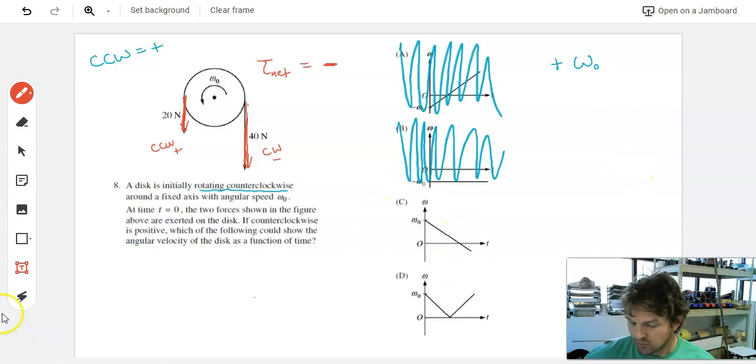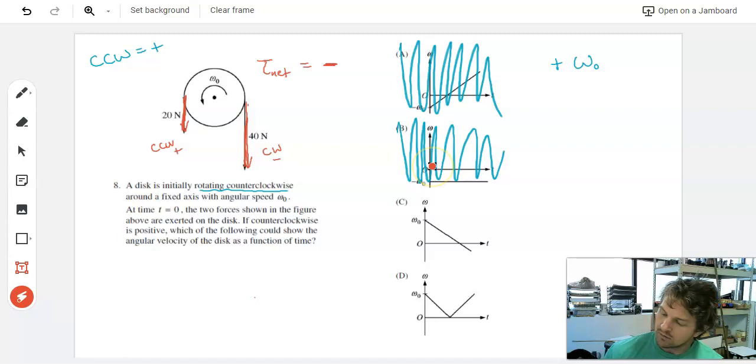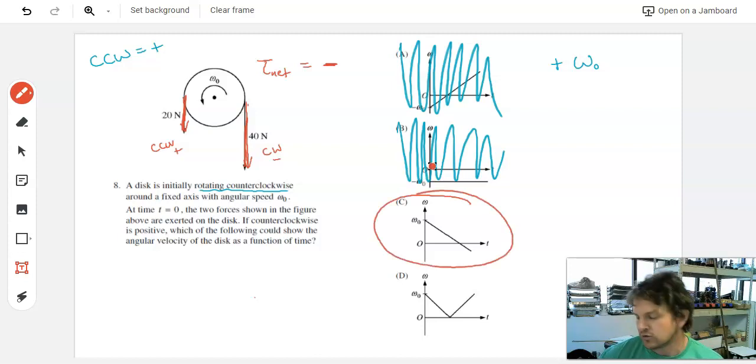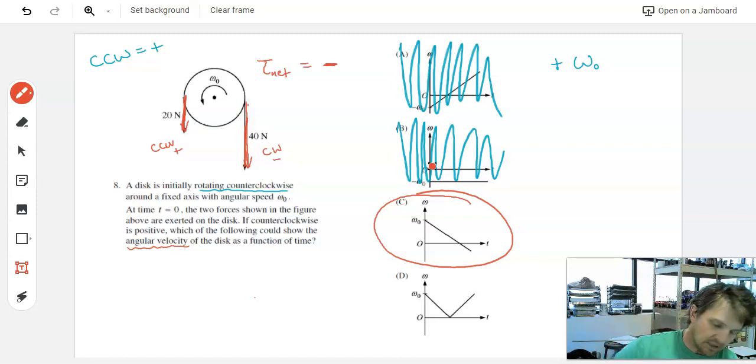So when I look at my graphs right here, C is the only one that has a negative slope the entire time. And it asks for angular velocity, right? So that's why it can be negative. Now be careful. If this had asked for angular speed, then our answer would have been D, because speed can't be negative. But it didn't, so the answer is C.